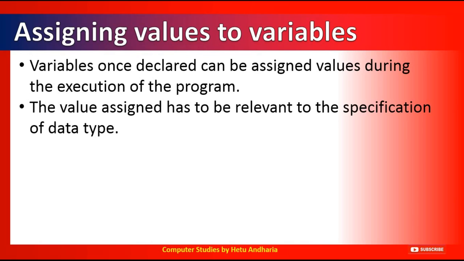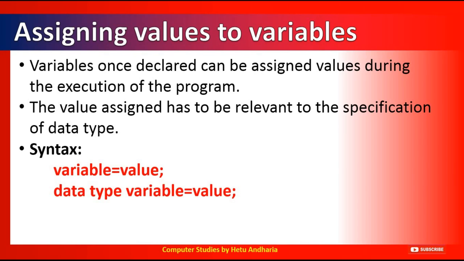The value assigned has to be relevant to the specification of the data type. You have to be careful: suppose you have declared an integer variable and you input a value with fractional part, then it will create an error. So you have to keep that in mind. Now the syntax: variable is equal to value. For example, radius is equal to 15.